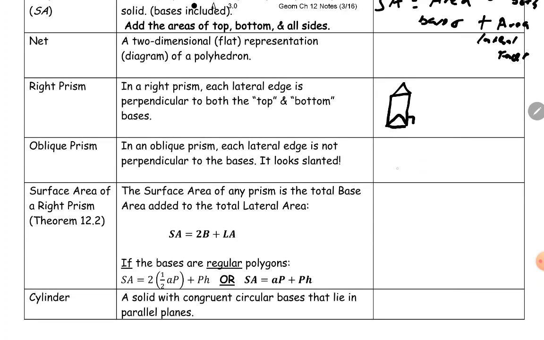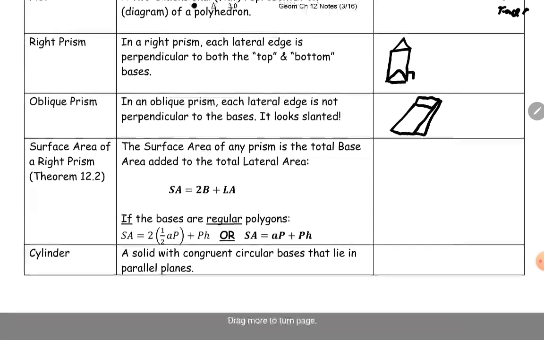An oblique prism is something like this. Can't draw it right, but just think of a box and you squish it and make it slanted to the side.